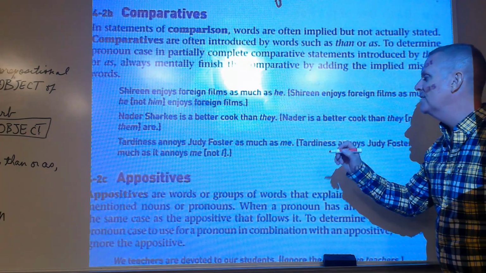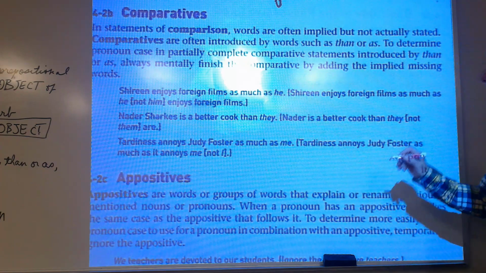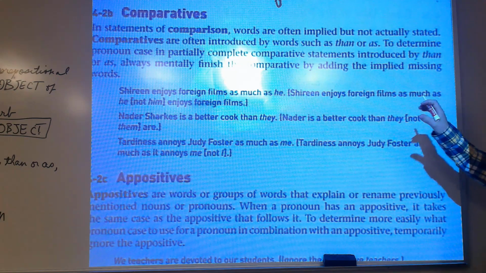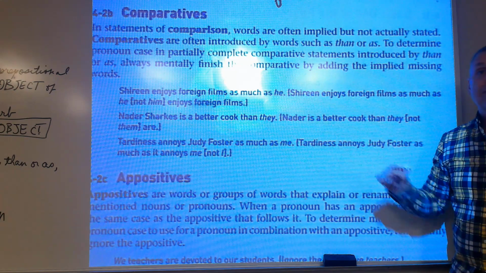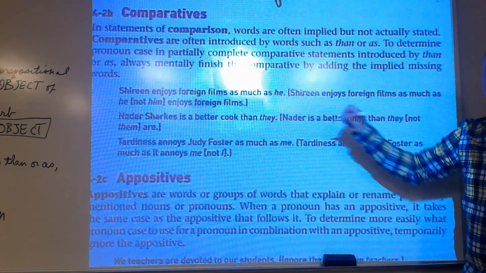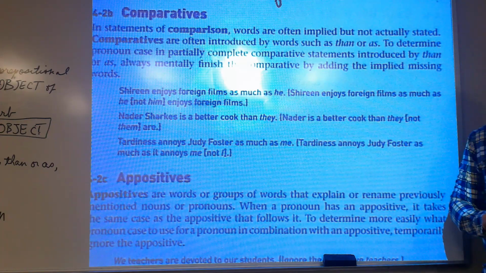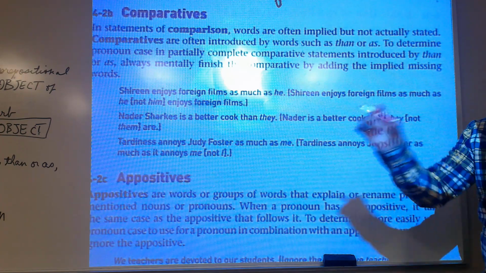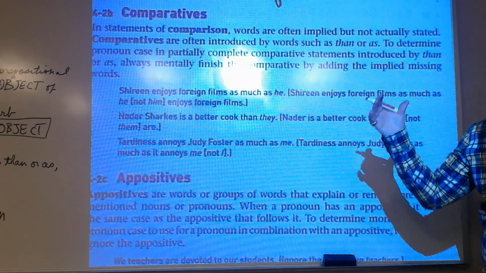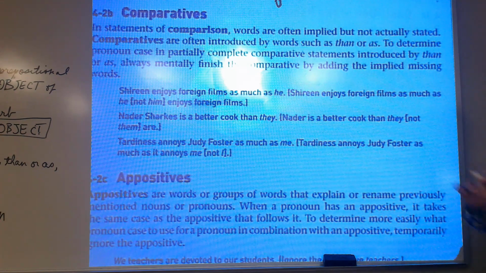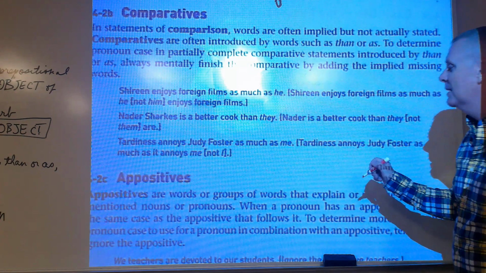Tardiness annoys Judy Foster as much as it does me, or as much as it annoys me. See, a following verb isn't implied right there. When you fill in the missing words, it's not a following verb that's implied. It creates a new clause at that particular point. So don't use a subjective case pronoun there. Use an objective case pronoun: me, us, you, him, her, it, them.